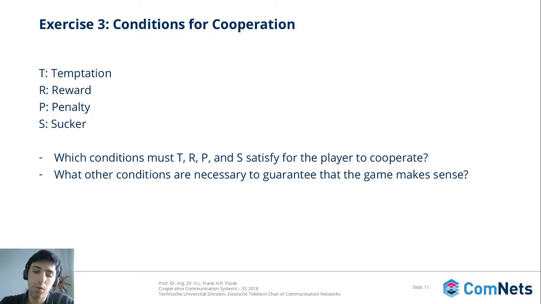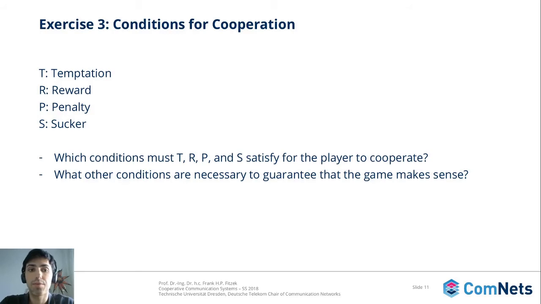Well, if the reward is higher than the temptation, this would mean that I will always get more benefit if I cooperate than if I defect. And if this is the same for both players, this means that they will always cooperate.